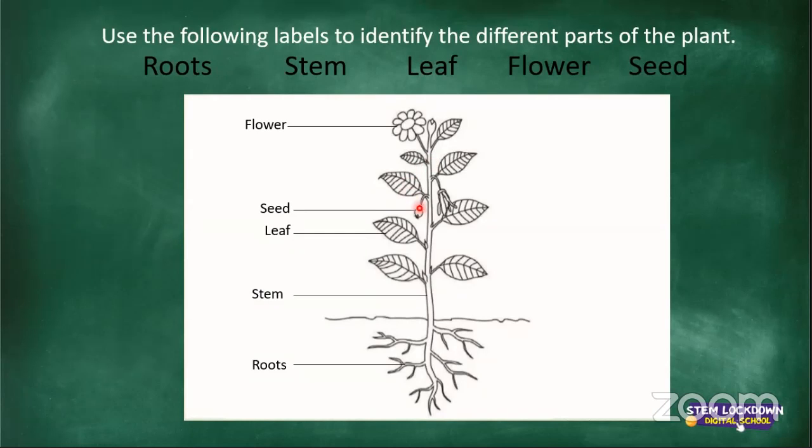Next one, let's look at the leaves. What are the functions of the leaves? Who can tell me that? Yes, it's the leaves, but what do leaves do? Why is it important that there are leaves? I'm looking for two big words.